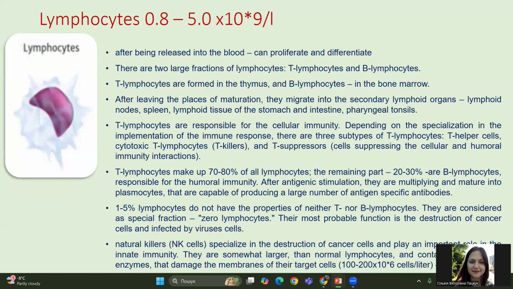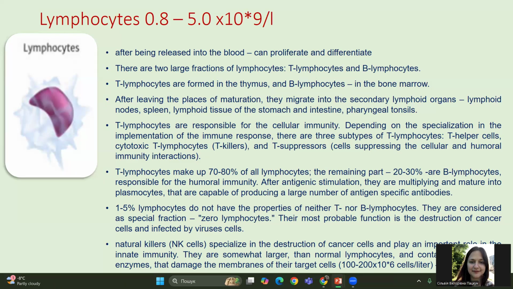Lymphocytes make from 0.8 to 5 times 10 to the 9th per liter. After being released into the blood, they can proliferate and differentiate. There are two large fractions of lymphocytes: T lymphocytes and B lymphocytes. T lymphocytes are formed in the thymus and B lymphocytes in the bone marrow. After leaving the place of maturation, they migrate into the secondary lymphoid organs: lymph nodes, spleen, lymphoid tissue of the stomach, intestine, and pharyngeal tonsils.